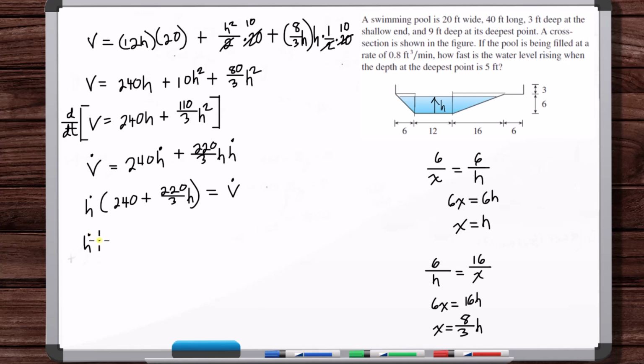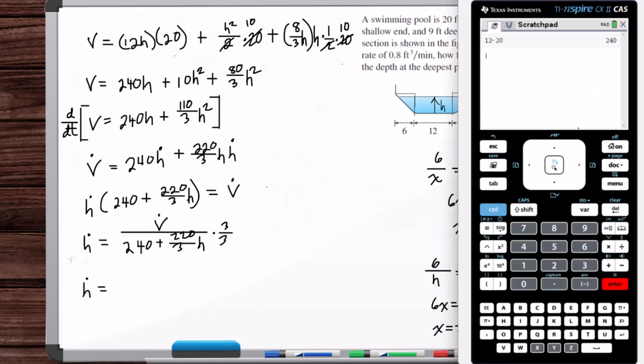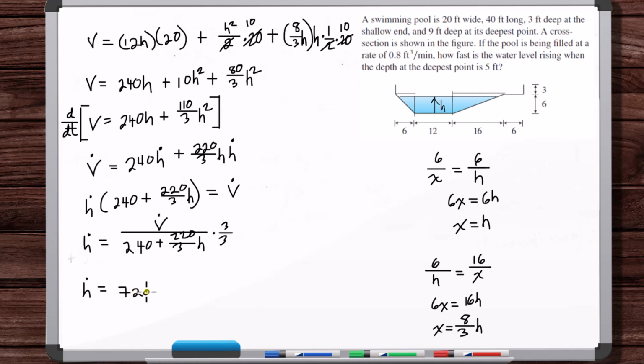We've got 240 plus 220 over 3 h. Now we can simplify this. Let's multiply this by 3 over 3. What is 240 times 3? 720 plus 220h.